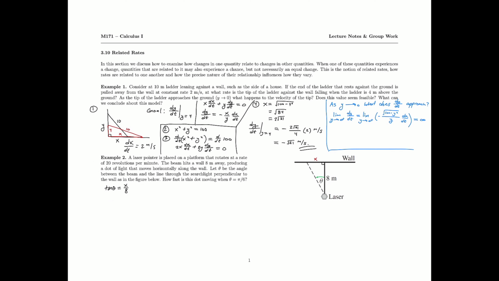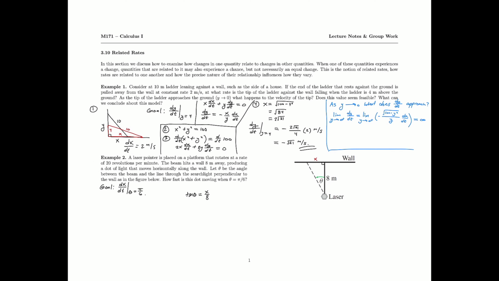So now, let's move that to the side and say our goal is to find the rate of change of x with respect to time when the angle theta is pi over 6.